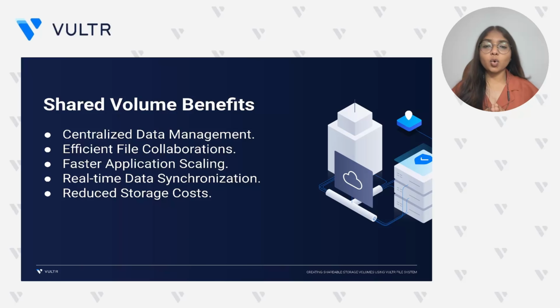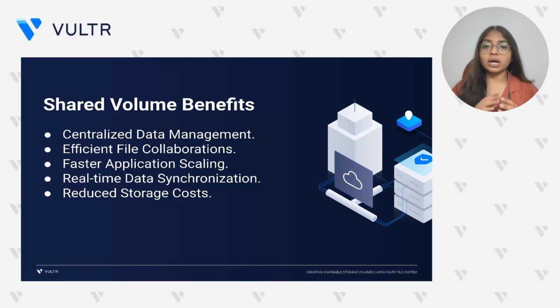Now let's quickly go over why Vultr File System is a solid choice for cloud storage. First, it simplifies data management, meaning you can store all your critical files in one place and access them from multiple instances. It also enables team collaboration, allowing multiple users to work on the same dataset in real time without dealing with file transfer details. Application scaling becomes effortless as new instances can be added instantly without worrying about data replication or synchronization.